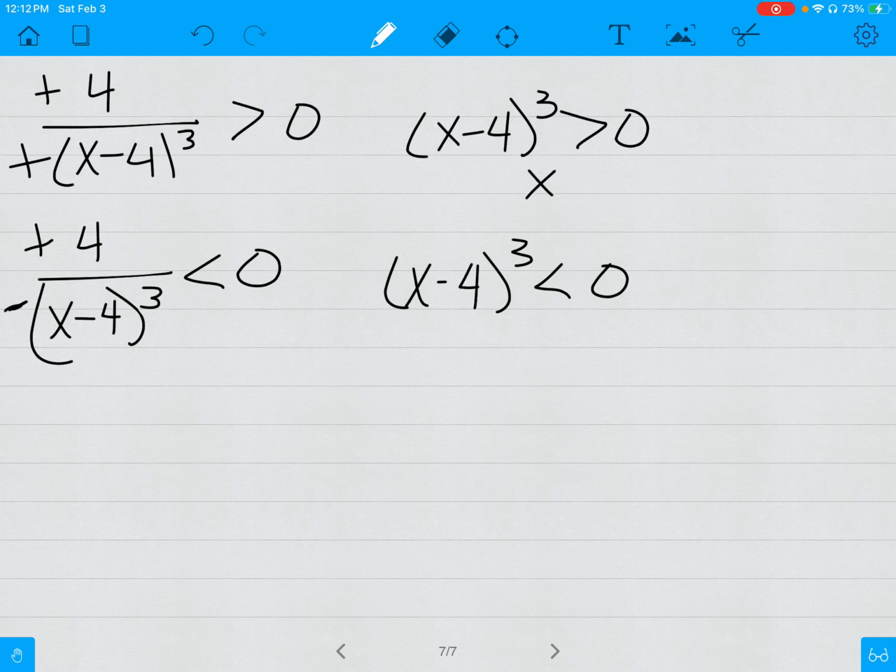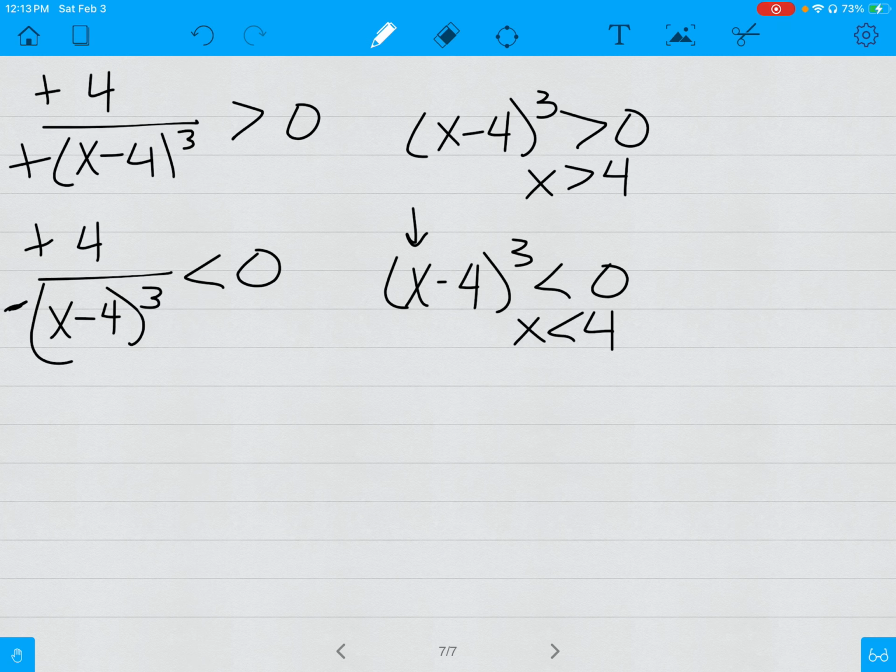So basically, x has to be bigger than 4. Not equal to 4, because that's going to give us 0, but bigger than 4. If we put in a number here for x that's less than 4, that's going to give us a negative number inside the parentheses. And when we cube negatives, they stay negative. So any x's that are less than 4 are going to give us a second derivative that's less than 0. So we'd be looking at concave down.